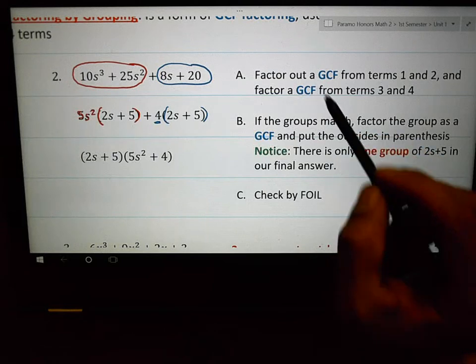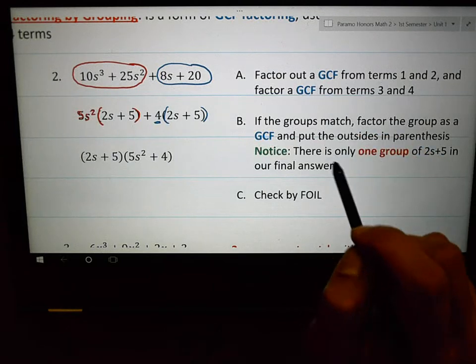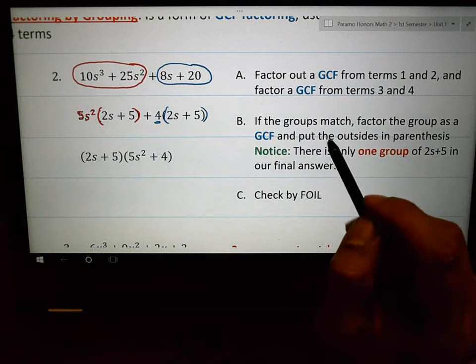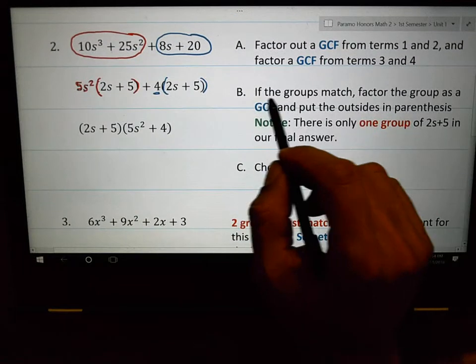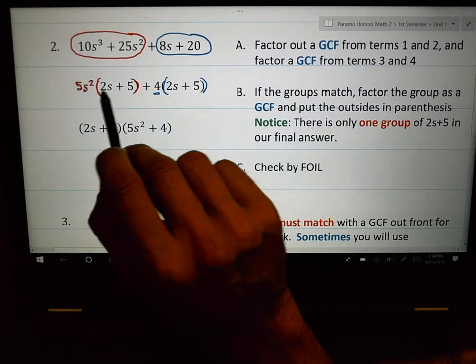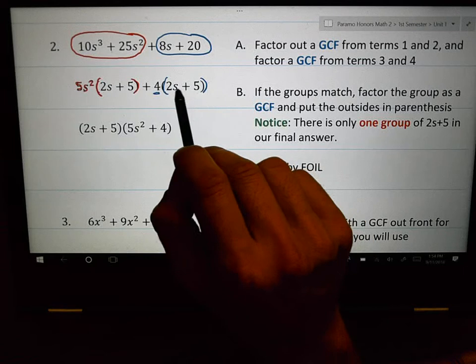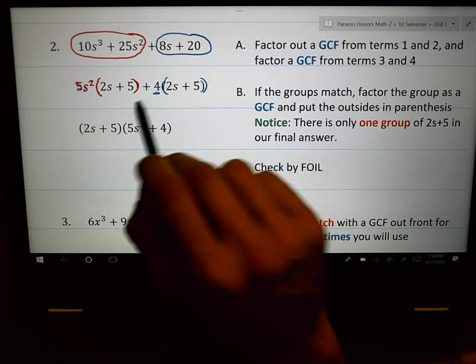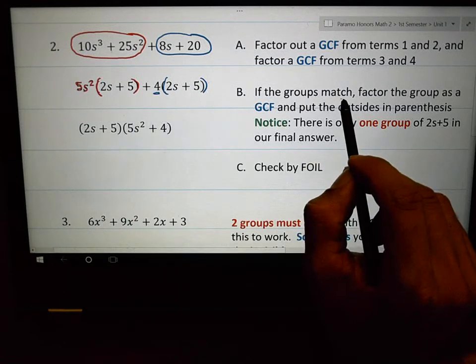What we can do, and the hardest part about this is the B step, but most of you will figure this out once I do it. If the groups match, does the 2s plus 5 match with the other 2s plus 5? Are they the same? Yes, they are.